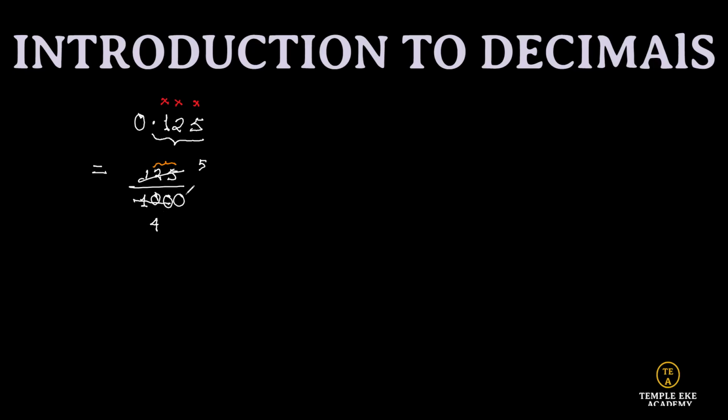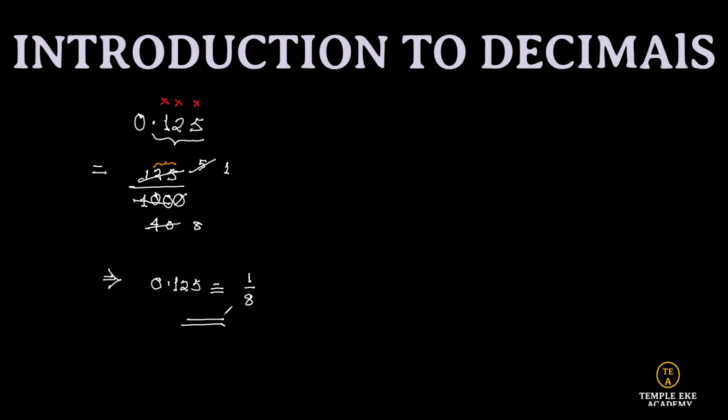So 5 can still divide. 5 divides into 5, that's 1. 5 goes in 40, that's 8. And that implies that the decimal 0.125 is equivalent to the fraction 1/8. That's right. Very simple.